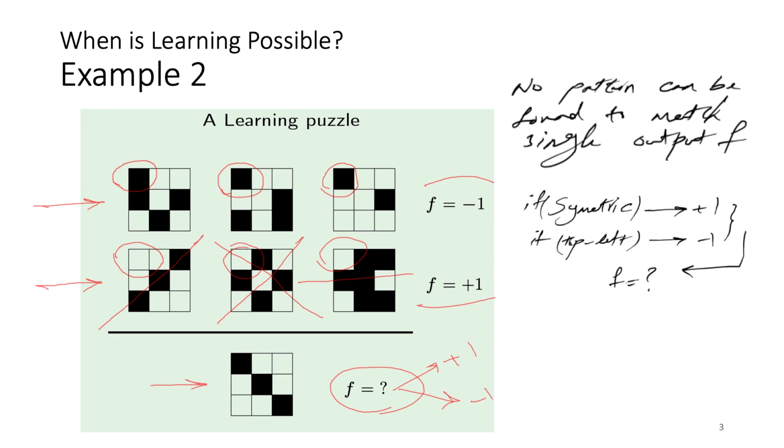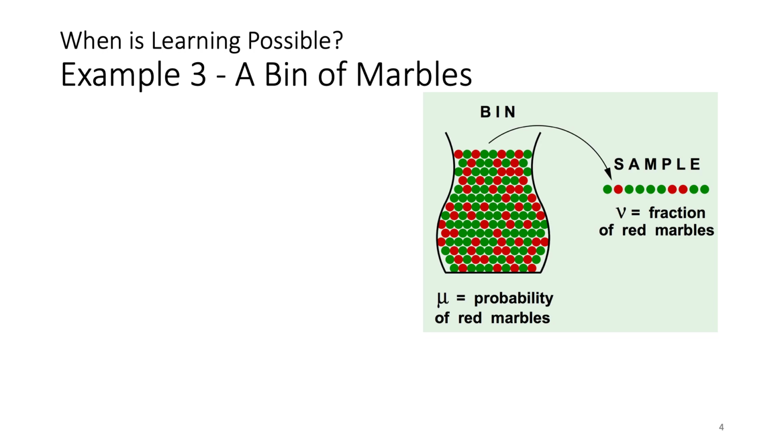Now, let's go for a little bit more complex example. I brought this up again in the third lecture, if I'm not wrong. So if you recall, it was a bin of marbles. You had a bin of marbles, and inside that bin you had two different classes, or two different sets of marbles, red and green, right?